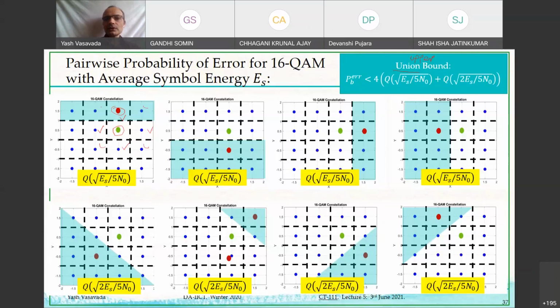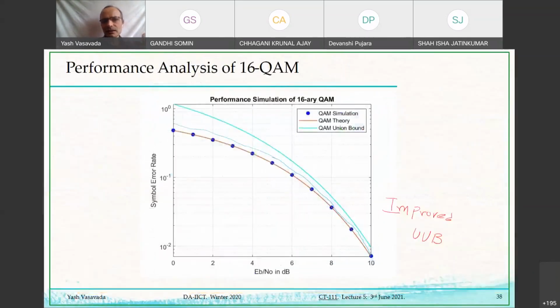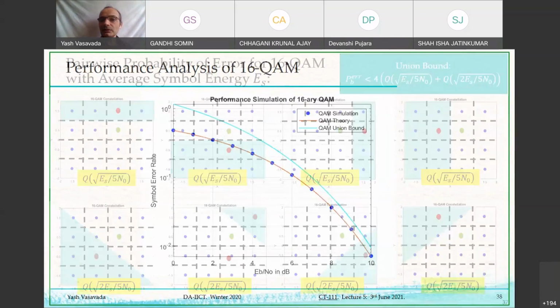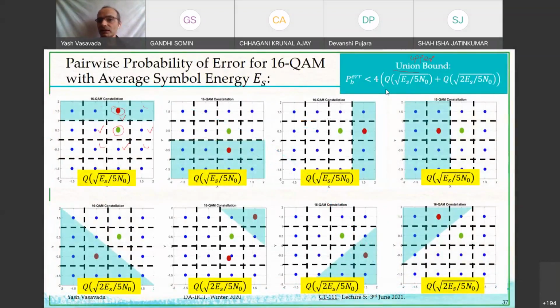So if I had drawn just the first part of this equation, it would have come out a little better. It would have come out like this hand-drawn line that I'm showing here. And that is what I have asked you to do in the lab. In the lab, when you do the comparison against the bounding, you just do 4 times Q of this function.